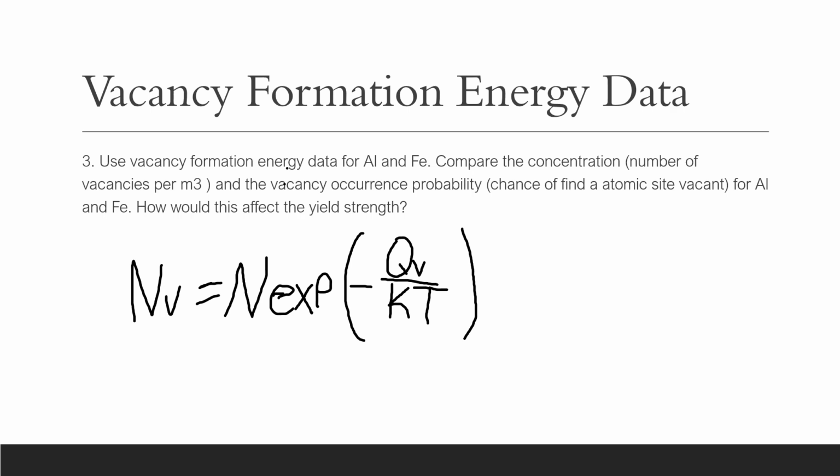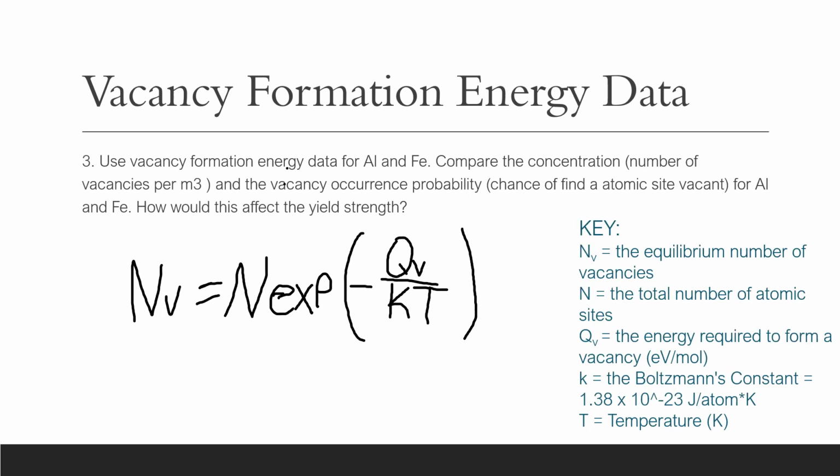The variables we need in order to solve our problem are N_v, which is the equilibrium number of vacancies, N, which is the total number of atomic sites, which is the concentration that we're looking for, Q_v, which is the energy required to form a vacancy, and k, the Boltzmann constant, as well as temperature, which is in Kelvin. And here's the key right here, just so everybody can see.